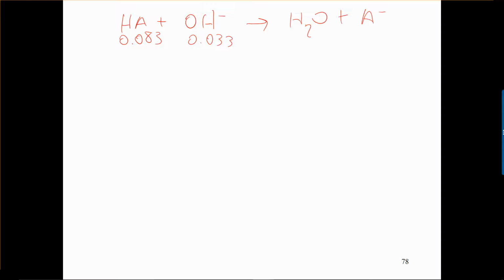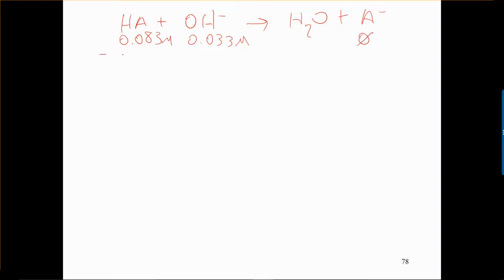We don't care about the water concentration, so it's just there to show us our equation. Now, this 0.033 molar hydroxide is going to react with the 0.083 molar HA.